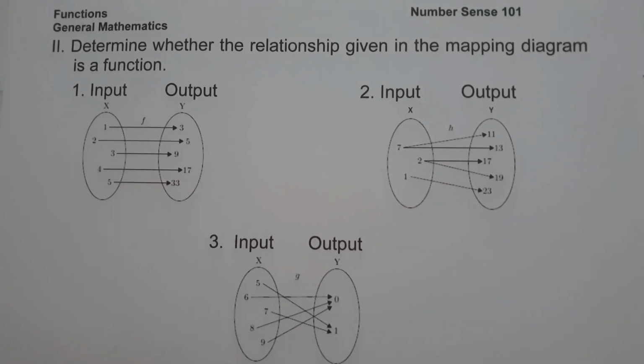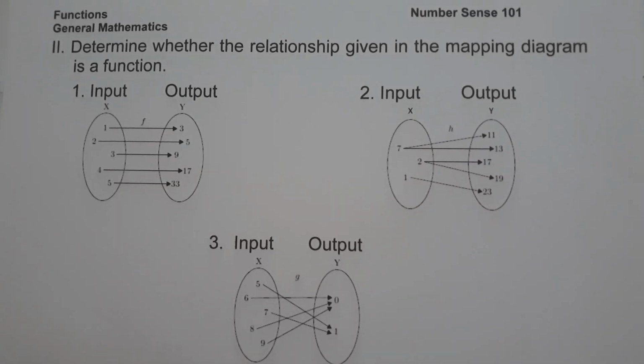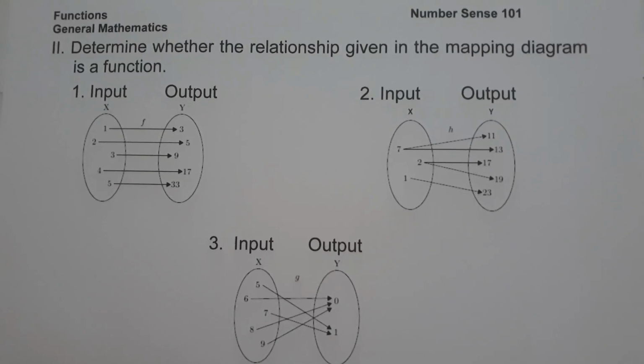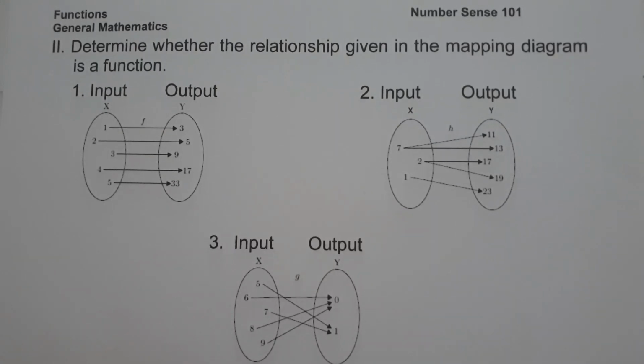On the second set of examples, we have functions represented in mapping diagram. When we say mapping diagram, the elements of the domain are mapped to the elements of the range using arrows. So in this case, the relationship or function is represented by the set of connections represented by the arrows. Let us determine whether the relationship given in the mapping diagram is a function.